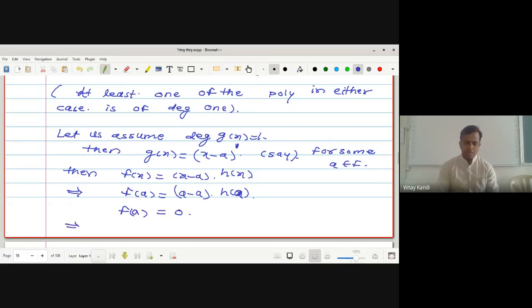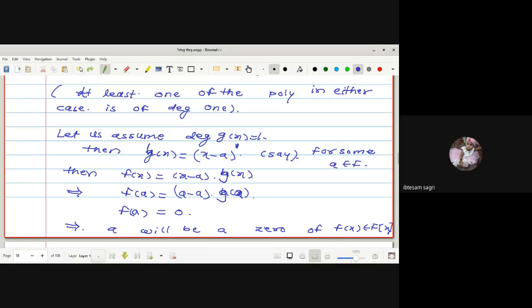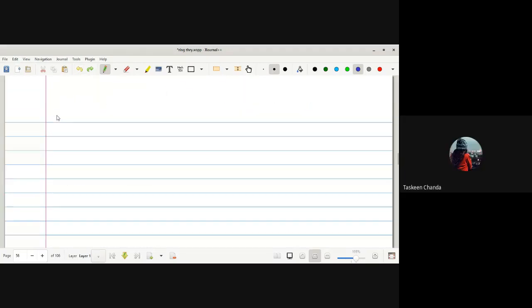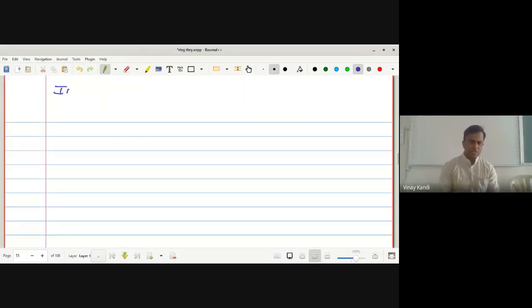That implies a is a 0 of f of x belonging to capital F of x. You might ask, why did we take g of x, why not h of x? If we take h of x, then h will come here and g will come in place of h. Any doubt in the first part? No, sir. Now the second part, the if part.